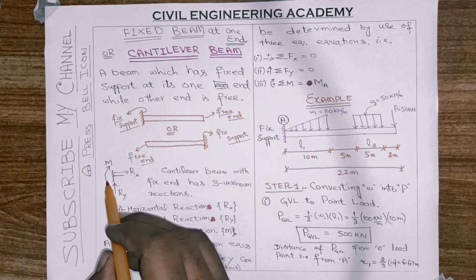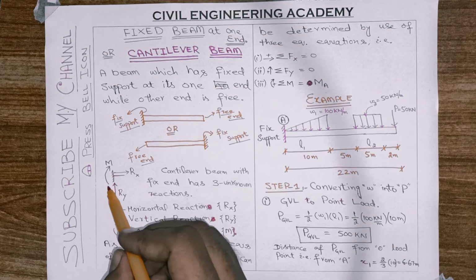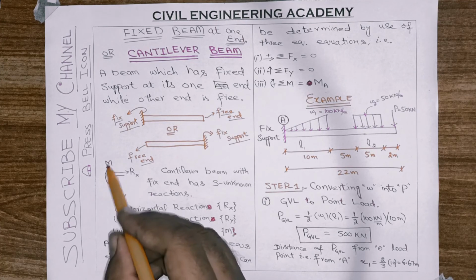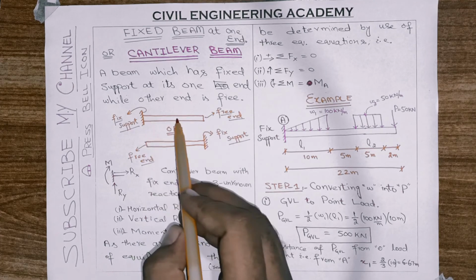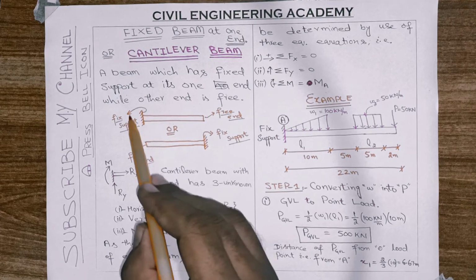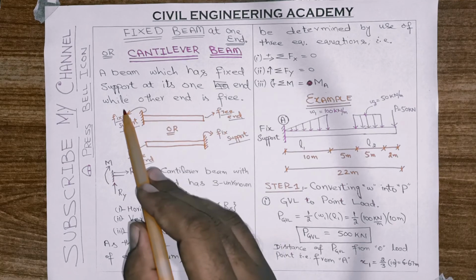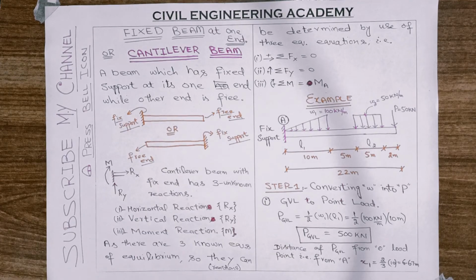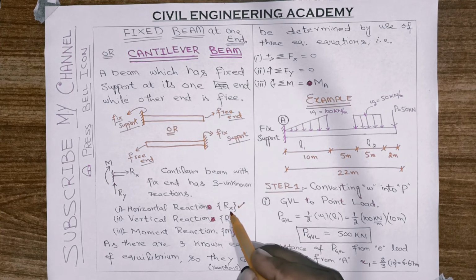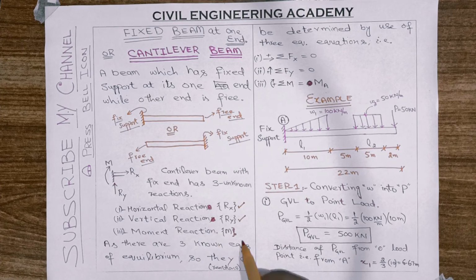And the third and last unknown reaction in this beam is a moment reaction, because this support does not allow the beam to rotate about itself in clockwise or anti-clockwise direction. So we have a total of three unknowns. First one is Rx, horizontal reaction. Second one is Ry, vertical reaction. And the third one is moment M, that is the moment reaction.